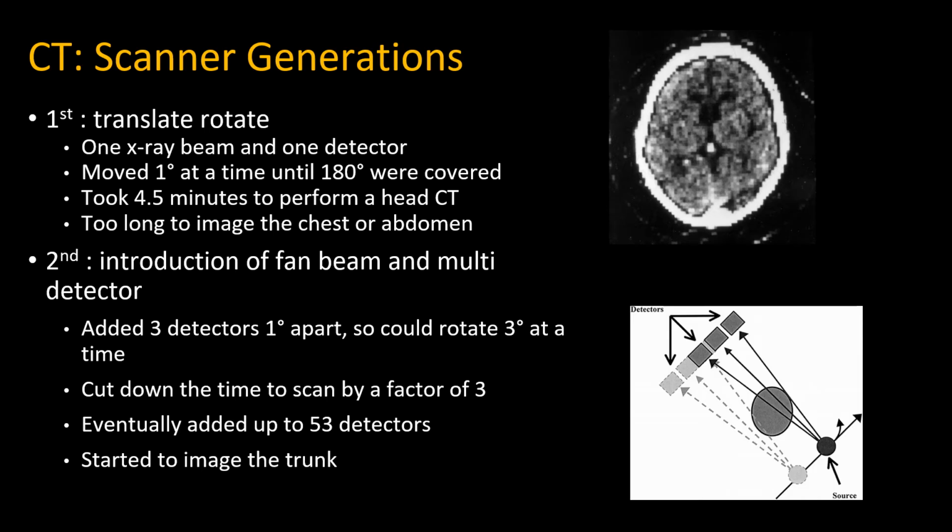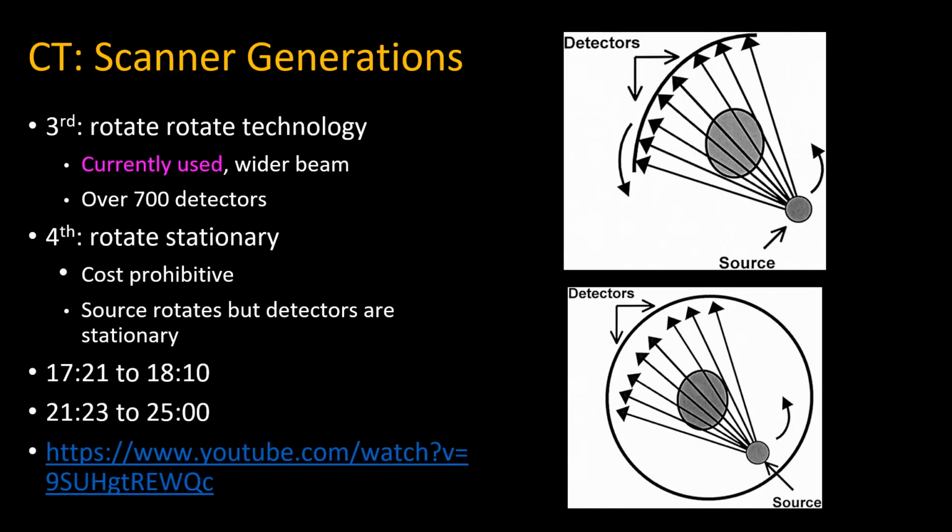The second generation scanners introduced fan beam and multi-detectors, and these added 3 detectors 1 degree apart, so they could rotate 3 degrees at a time. It reasons then that this cut down the scan time by a factor of 3, and eventually about 53 detectors were added so they could start to image the trunk.